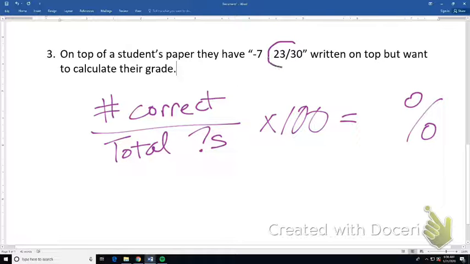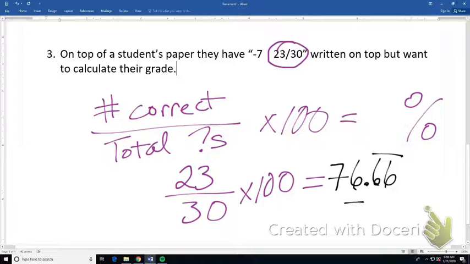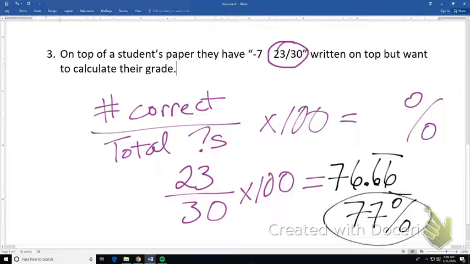So that means we only care about this part, the 23 out of 30, because that means they got 23 correct out of 30 questions. Multiply that by 100. And if we calculate that, we find out their grade is a 76.66 and so on. So roughly about a 77% is what they got on their paper. So a little bit of a high C.